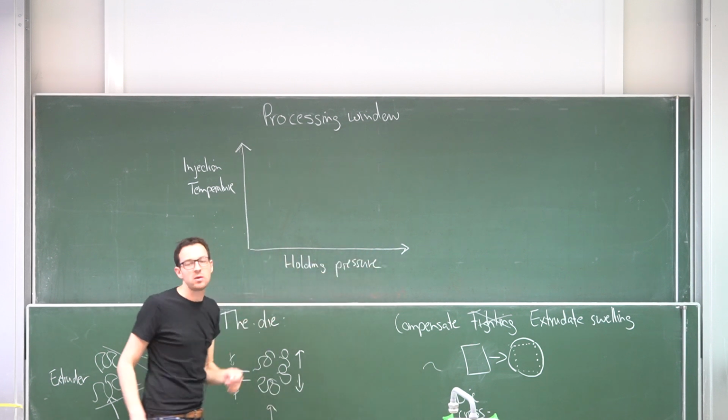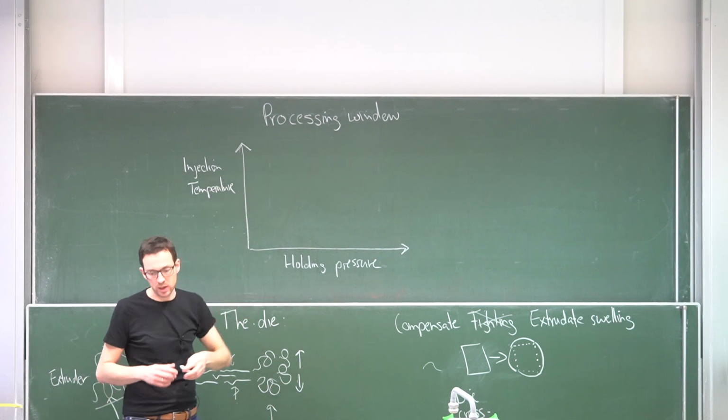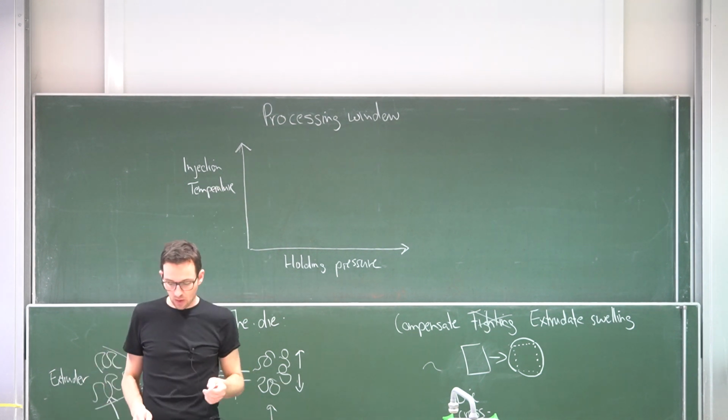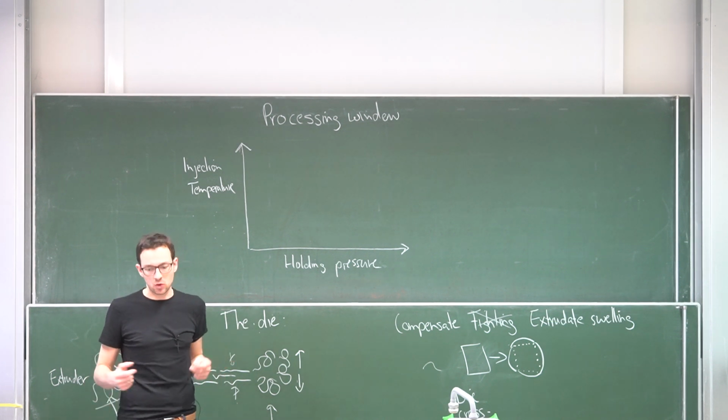So this is the pressure within our machine or within our mold, and this is of course the temperature of the polymer melt.